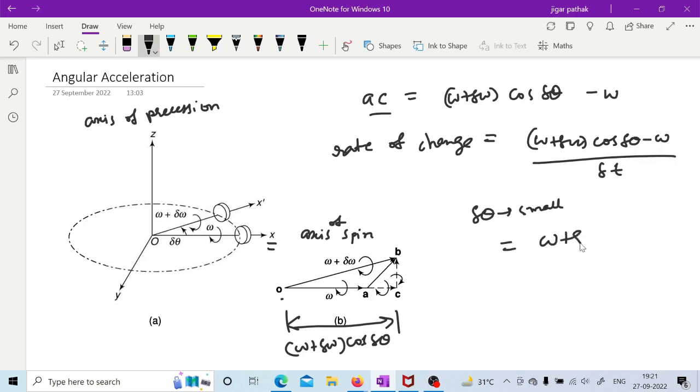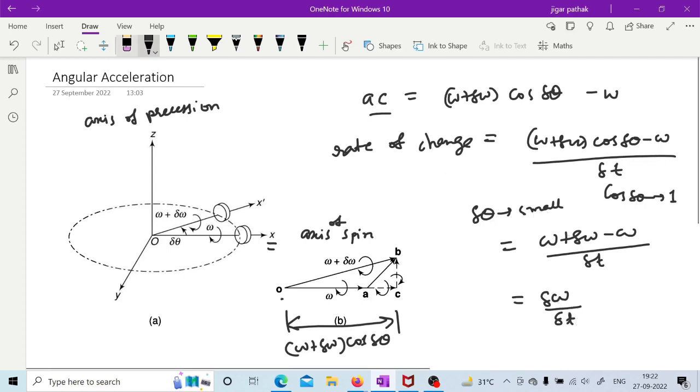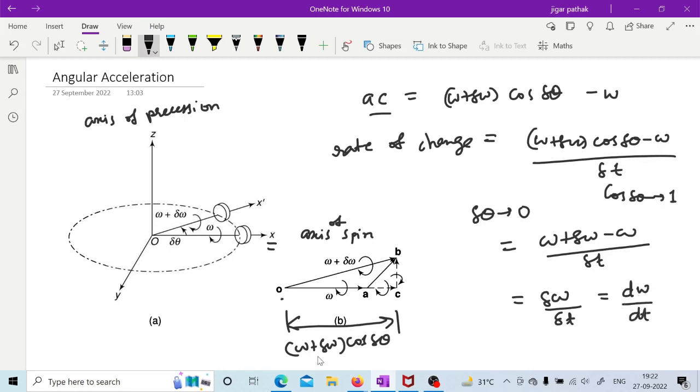So we have (omega plus delta omega minus omega) upon delta t, and this component is delta omega by delta t. So you can have this component as d omega by dt. This is the horizontal component of this angular acceleration.